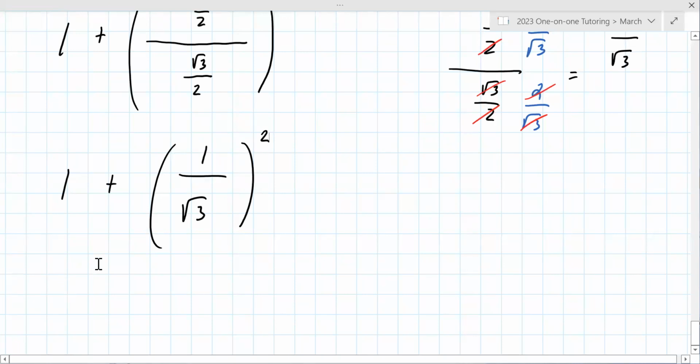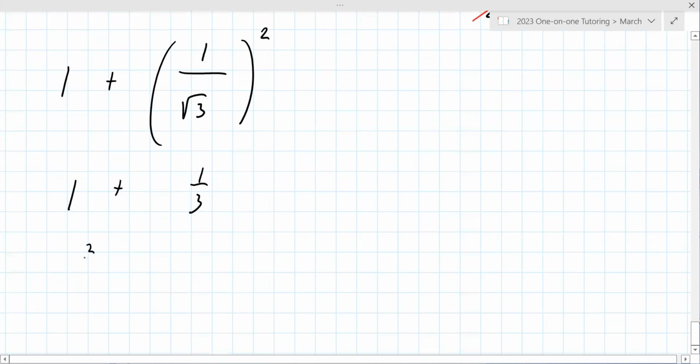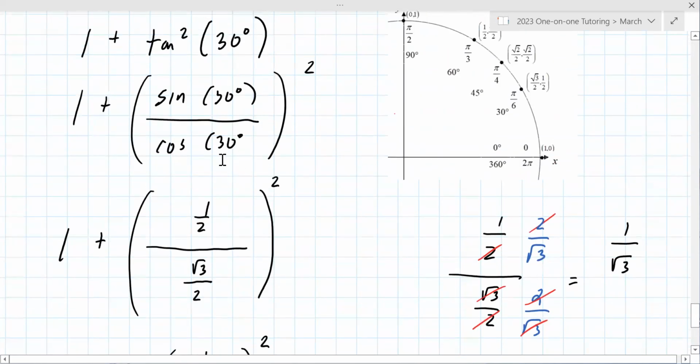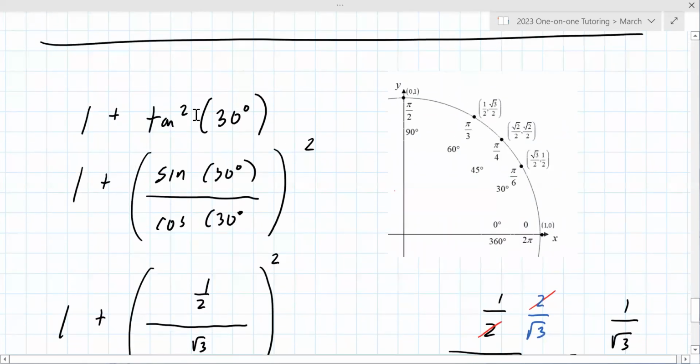It becomes 3. Good. So this becomes 1 plus 1 over 3. And then on the left here, you can make a common denominator, 3 over 3 plus 1 over 3, 4 over 3, like that. Any questions on this process, how we start with the tangent, go find the angle?